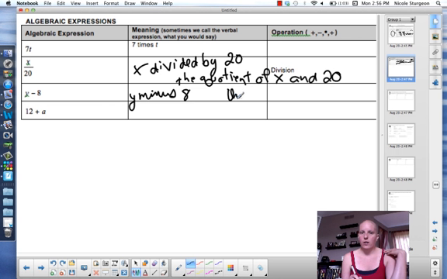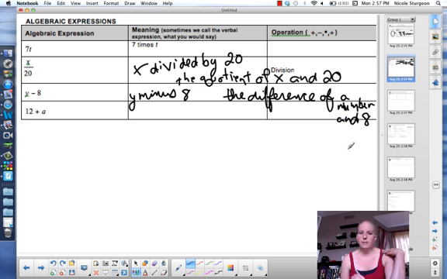So the word that we might see more often, or the one that we're going to be writing more often, is the difference of a number, right? Because that's what that y is standing for, a number, and 8.